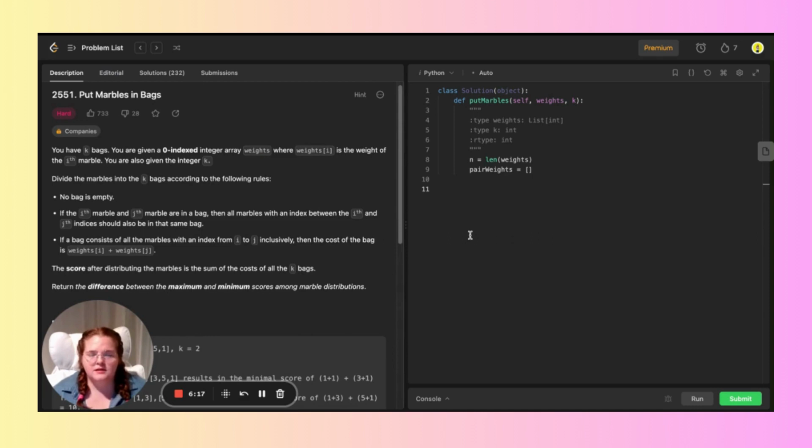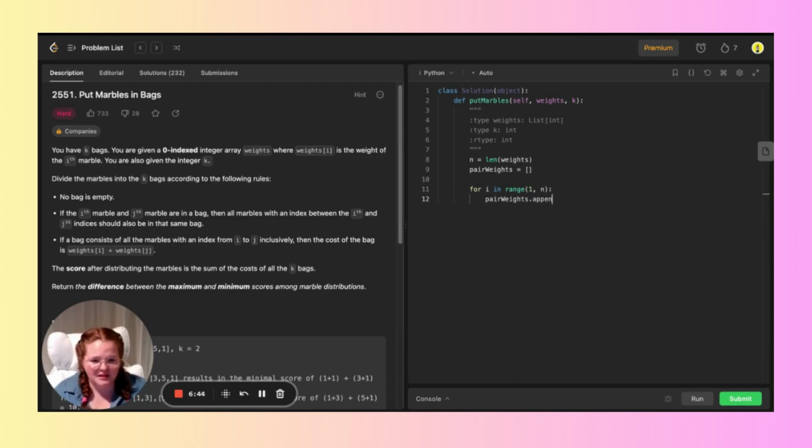So let's collect the values of every pair of weights. I think the best way I can think about doing that is like this. And then, what a pair of weights.